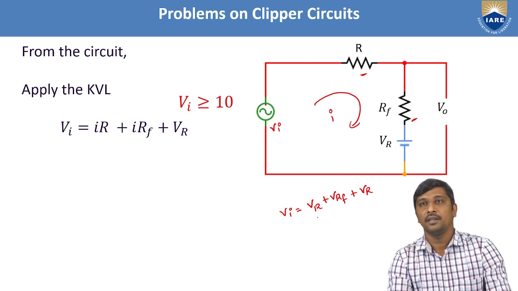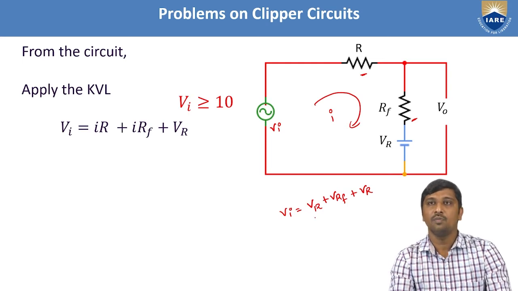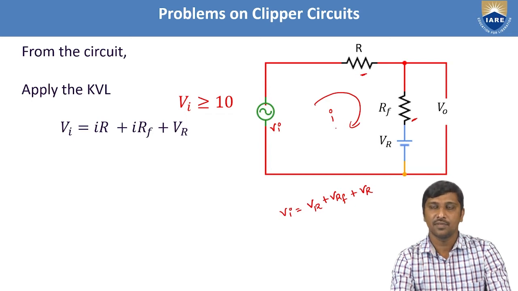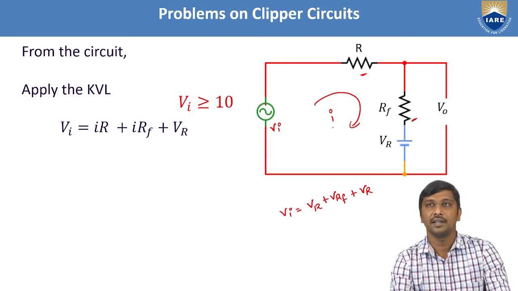Now we need to calculate how much voltage drop is across this resistance. Across this resistance R, which current is flowing? I is flowing here. We know that generally V is a product of current and resistance.